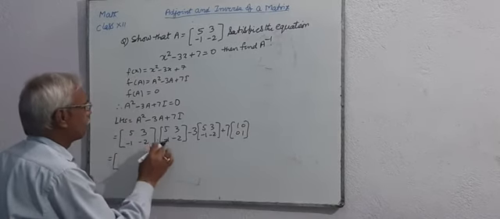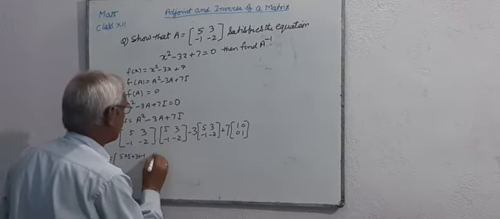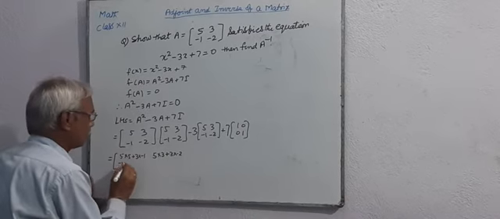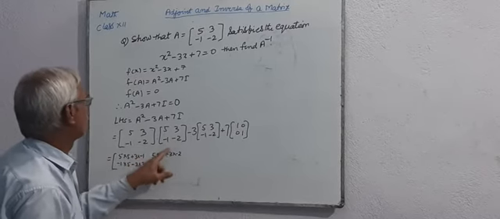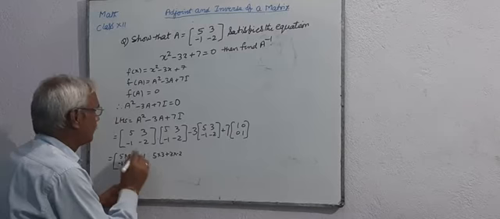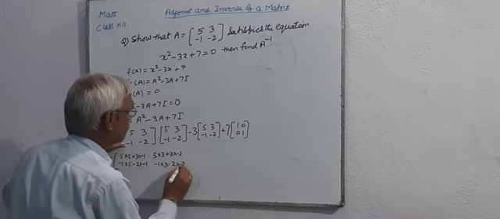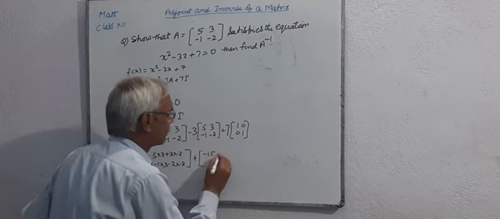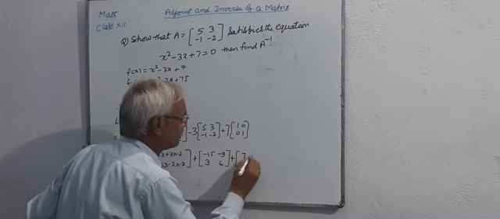First row first column 5 into 5 plus 3 into minus 1, first row second column 5 into 3 plus 3 into minus 2, second row first column minus 1 into 5 minus 2 into minus 1, second row second column minus 1 into 3 minus 2 into minus 2, plus multiply by minus 3, this minus 15, minus 9, plus 3, plus 6, plus 7, 0, 0, 7.